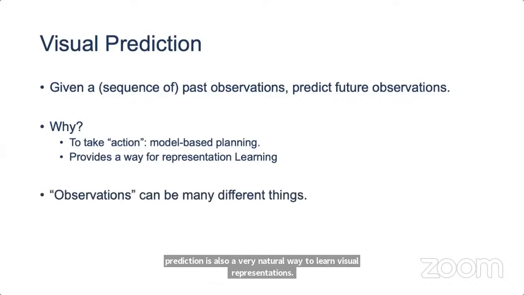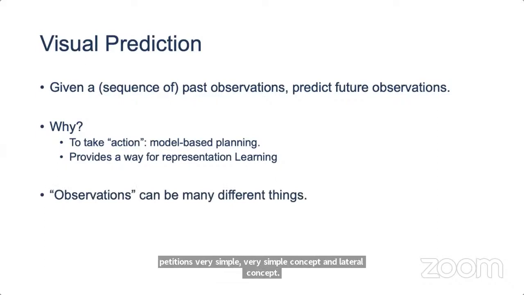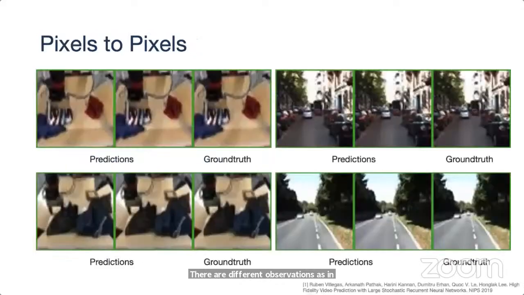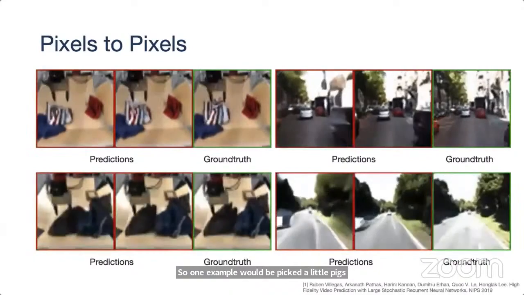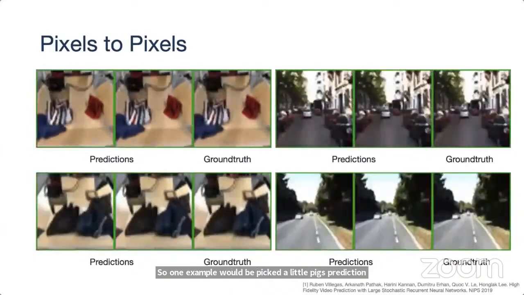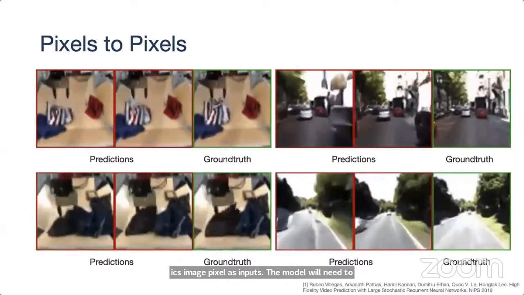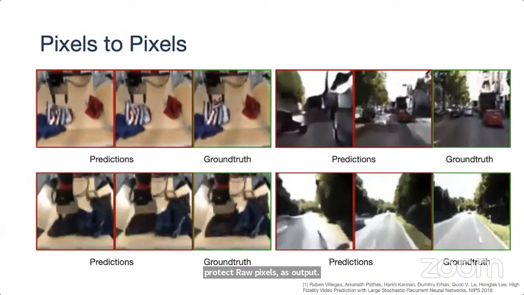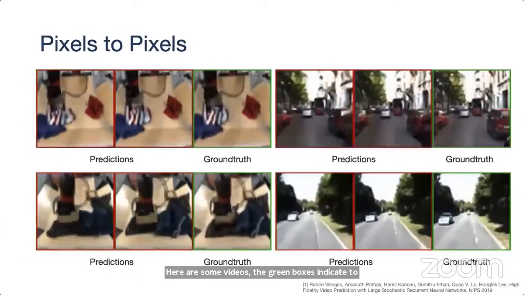While prediction is a very simple, natural concept, there are different observations as inputs and outputs for the model. One example would be pixel-to-pixel prediction. Given raw image pixels as inputs, the model will need to predict raw pixels as output. Here are some videos. The green boxes indicate the input frames, and the red boxes indicate the pixel prediction results.